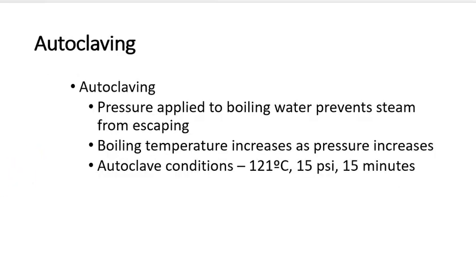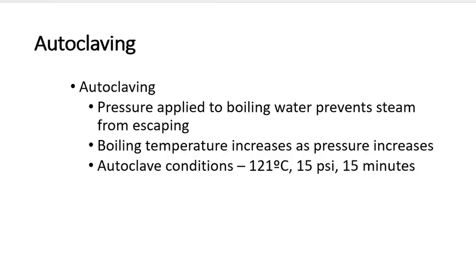Okay. All right, autoclaving, as I mentioned, is pressure applied to boiling water, and it's encased so the steam cannot be released, and you get it up to boiling temperature. The pressure increases, and at 121 degrees Celsius, 15 psi for 15 minutes, it will kill anything.